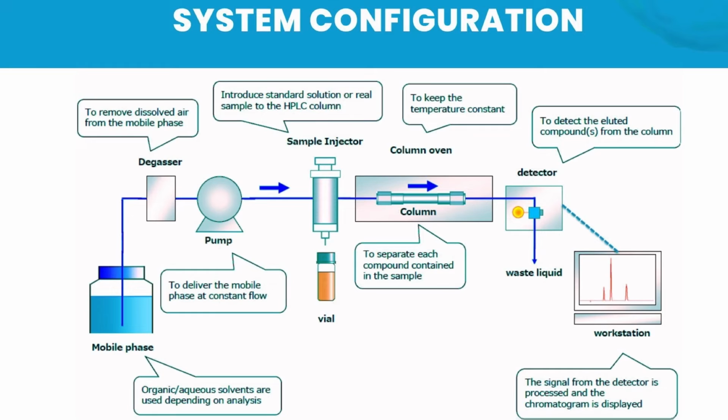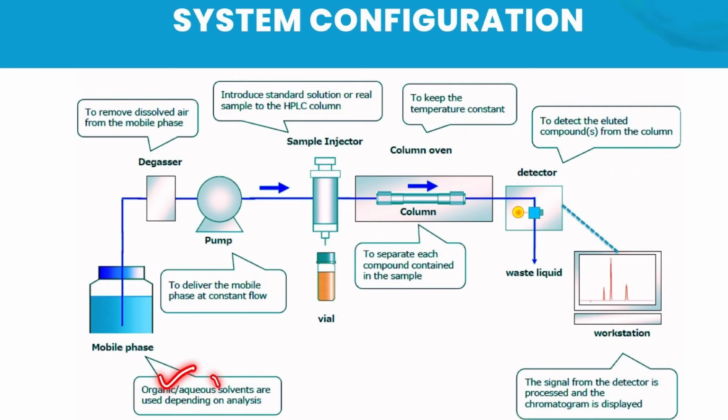So this slide is the main crux of this lecture and is named system configuration. In this slide we will see what are the things that make up an HPLC system. First of all, we carry the liquid or mobile phase in this solvent reservoir.